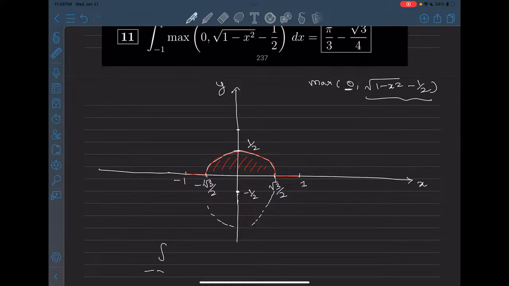Okay, so from minus root 3 over 2 to root 3 over 2, square root of 1 minus x square minus half dx, right?